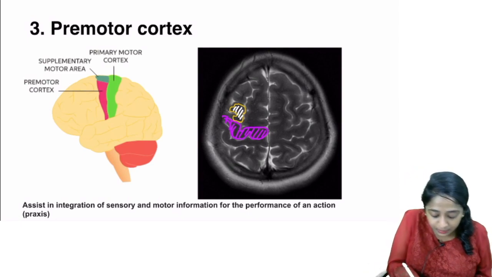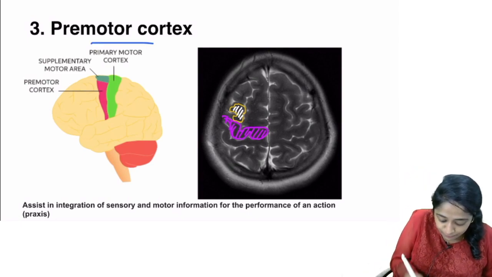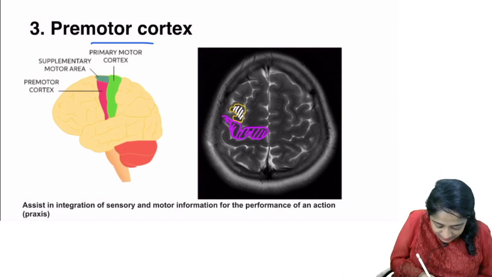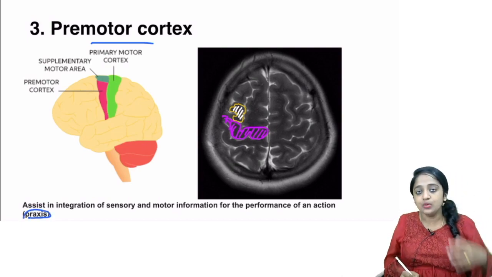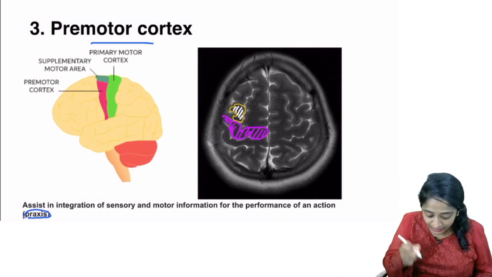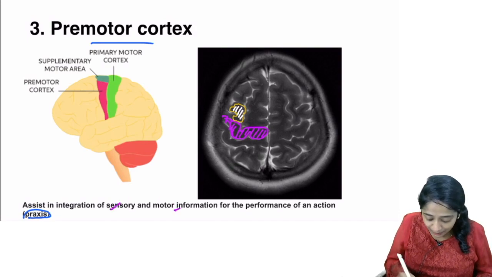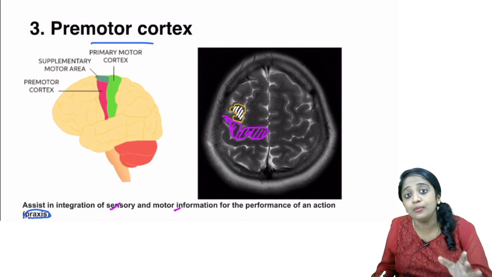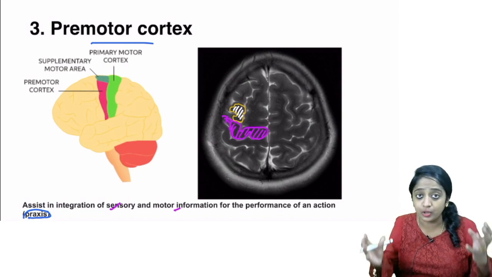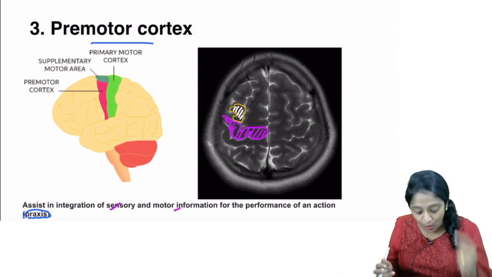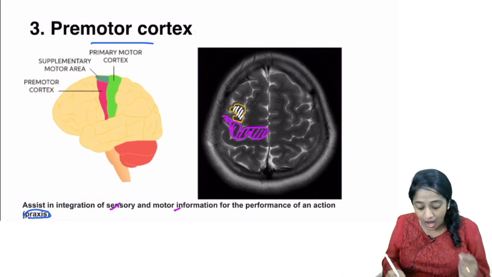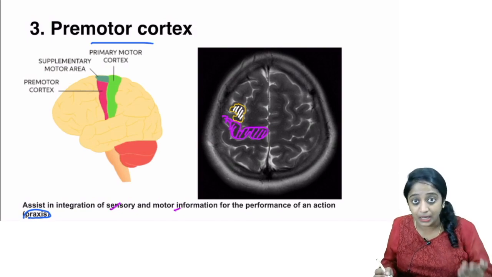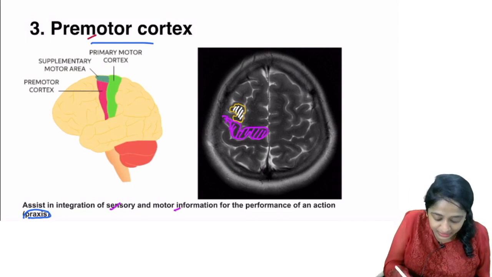Now, what about the premotor cortex? It is involved in something known as praxis. What do you mean by praxis? You have to integrate the sensory and motor information in order to perform an action. Any motor activity is very complex. It requires multiple inputs, and one such area that is helping our primary motor cortex is the premotor cortex.